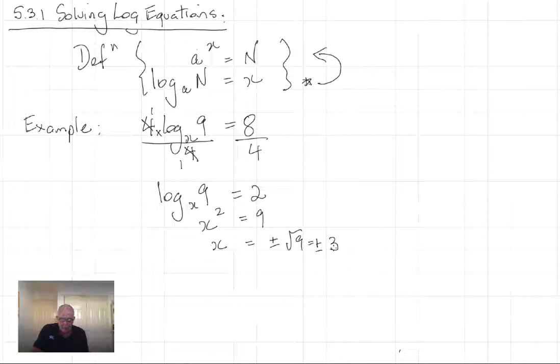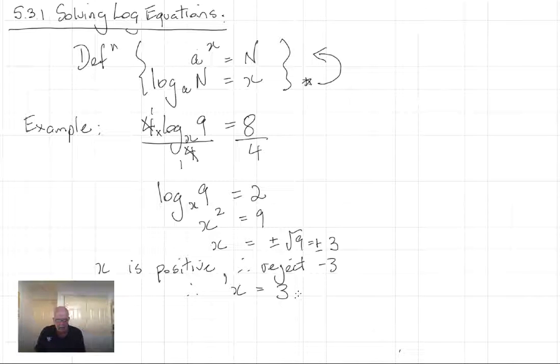One of the definitions of a logarithm is that the base has to be positive. In this case the base is x, the log to base x of the number 9. So x is positive, therefore we can reject negative 3 as an answer, and the answer is x equals positive 3.